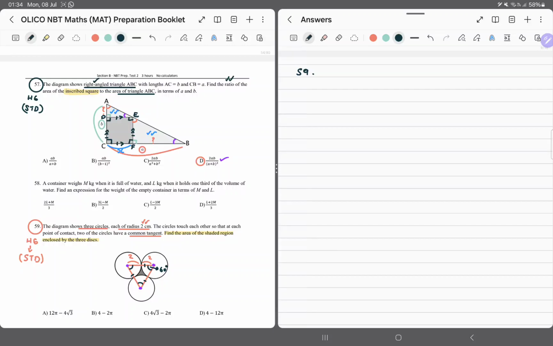So now we can clearly see that, well. If we focus on this one, can you see this sector here? This sector is made up of 60 degrees, and it should be equal to that sector, obviously. And it should also be equal to that sector. And we can calculate those areas.